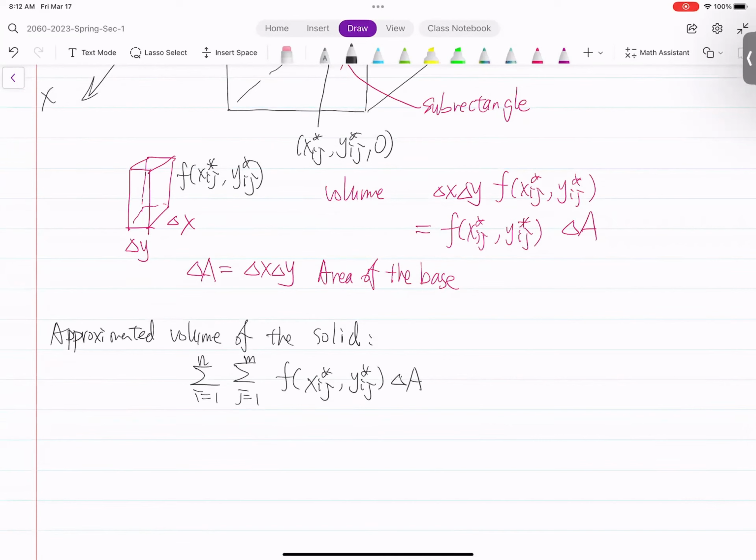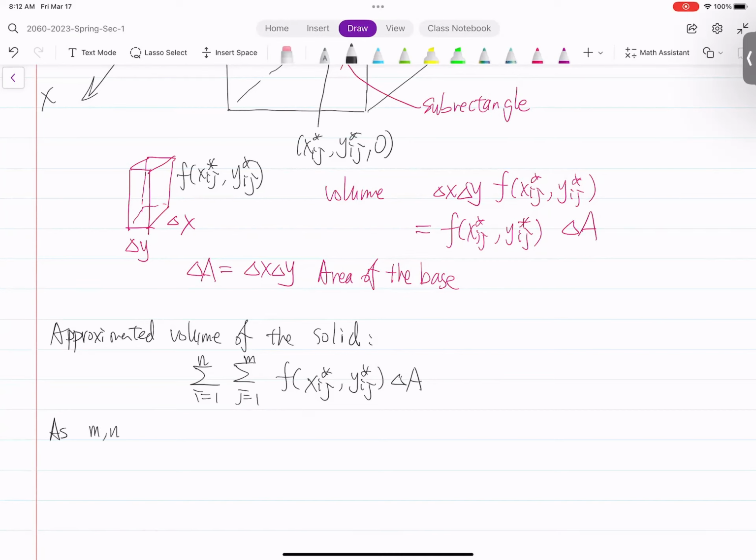And now, if you think about this summation, earlier we had only one summation. We developed the interval from a to b. So one summation will turn into one integral. And now we have two summations. That means we will have two integrals.